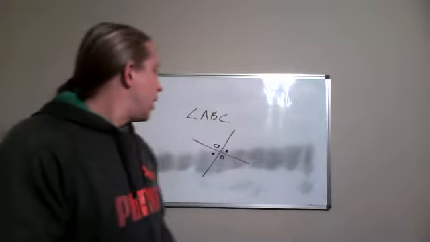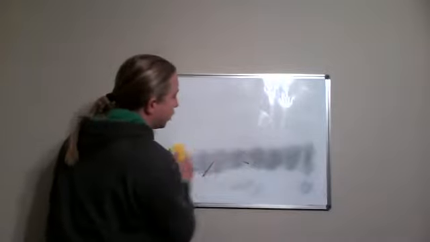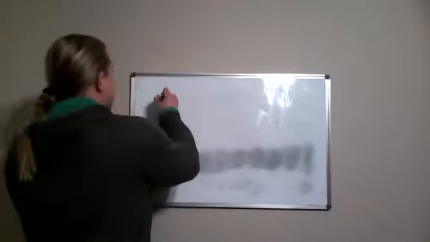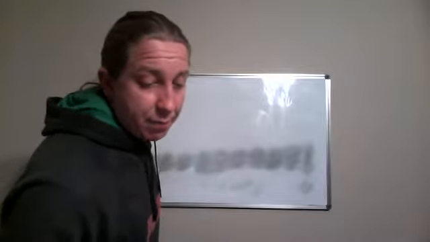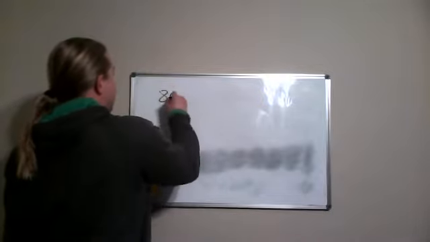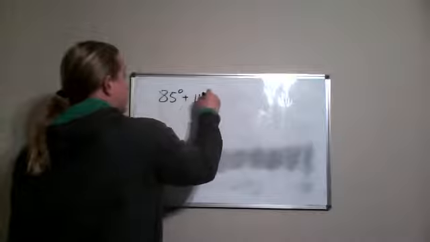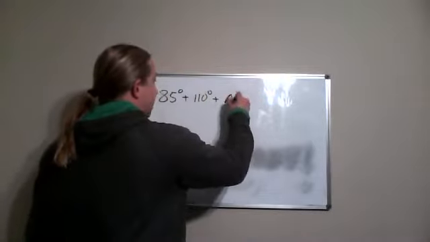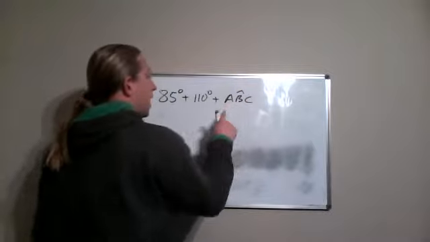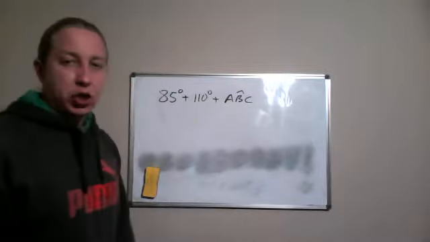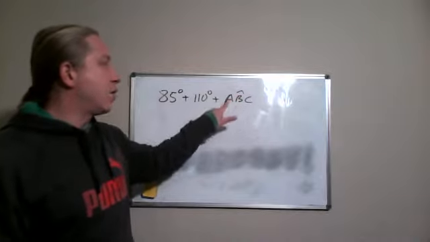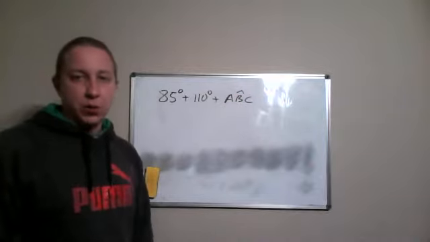All right, well, how are we going to solve this? We know that we have to use a revolution. So we're going to say that 85 plus 110 plus the angle that they want, which is ABC. Okay, I personally prefer this notation with the letter in the middle because it straight away tells me it's an angle and I can easily find it with the three letters.